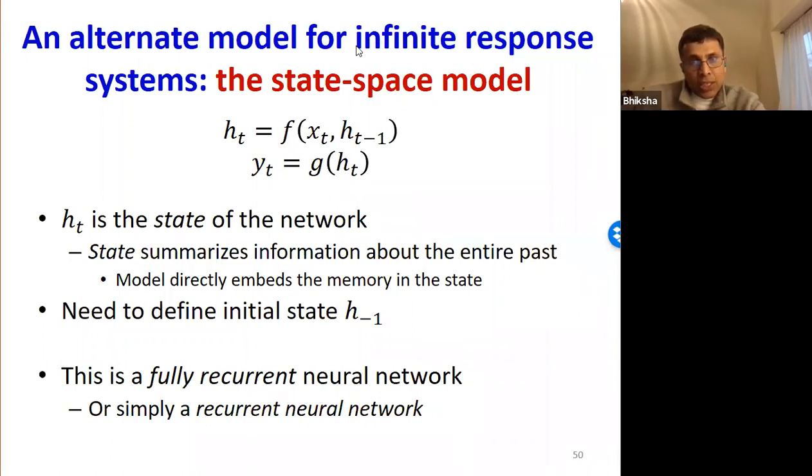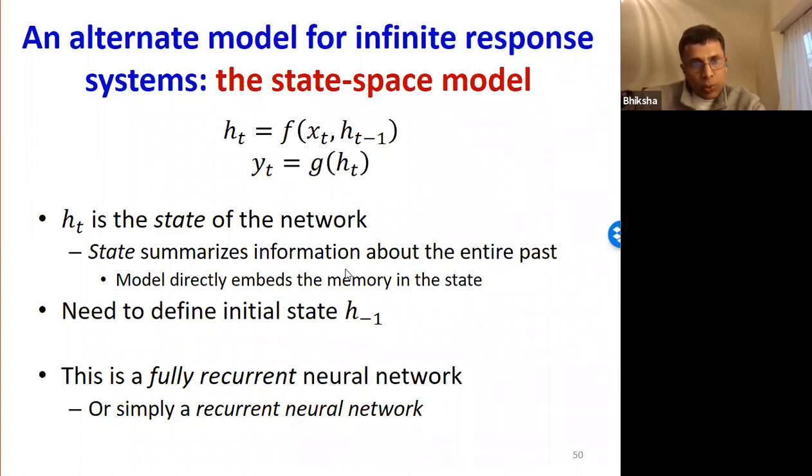If you're an electrical engineer or if you work with control systems, you're familiar with this model. Here we define a state variable ht, which holds the internal state of the network at any time. And the state variable itself is computed recursively through the state equation, where the state at time t is a function of the input at time t and the state at time t minus 1.